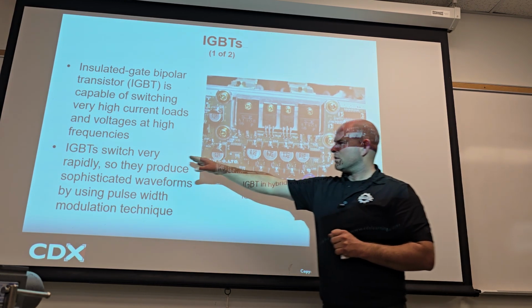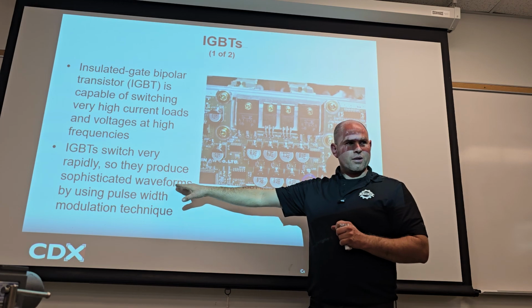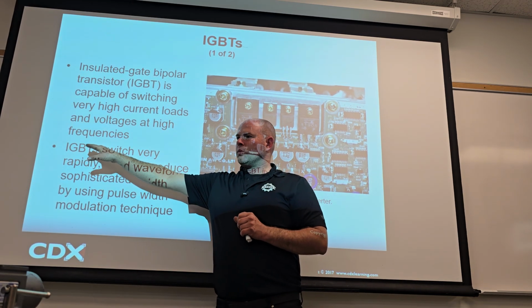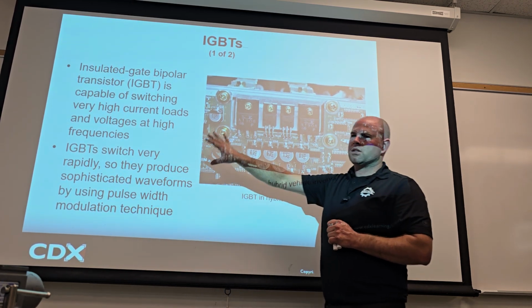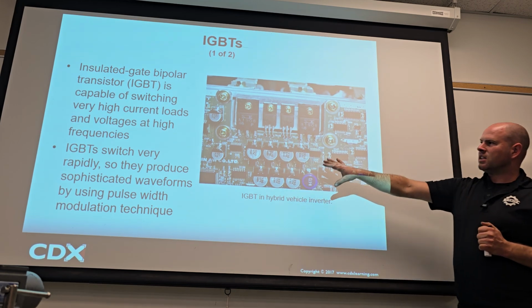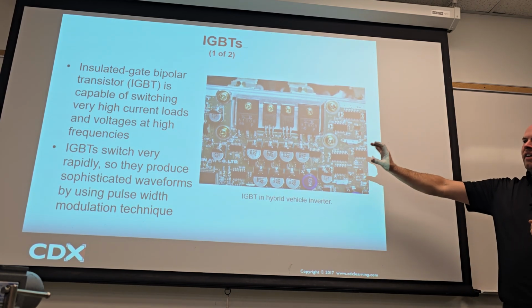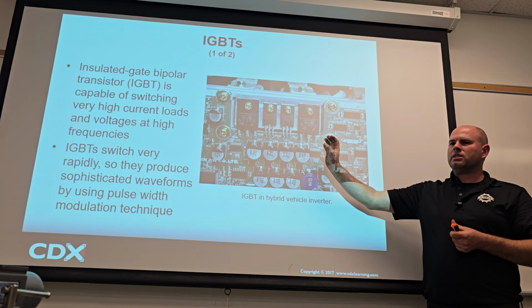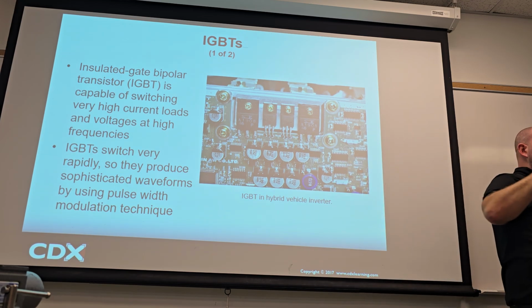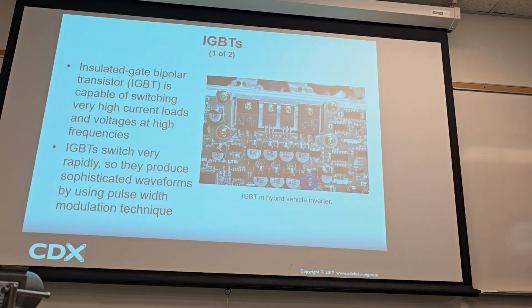That takes sophisticated waveforms, which can be made by the IGBTs. I think the typical inverter will have 6 really big, strong IGBTs to be able to make 3 phases of AC. Cool.